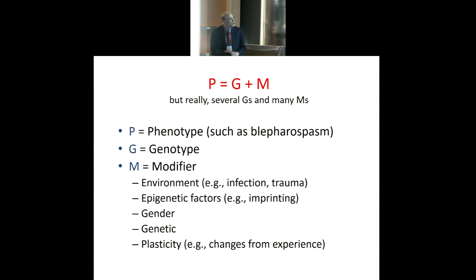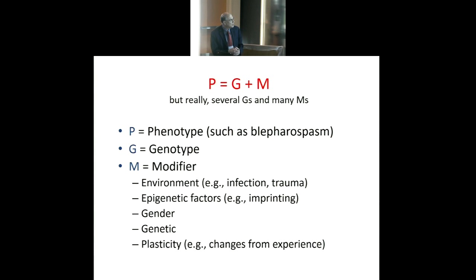I'd like to mention trauma or some sort of infection. That also seems to be relevant. Very often at the onset of blepharospasm, there is some irritation of the eye, dry eye, blepharitis that has been demonstrated in many epidemiological studies. So that's also critical. And then plasticity.